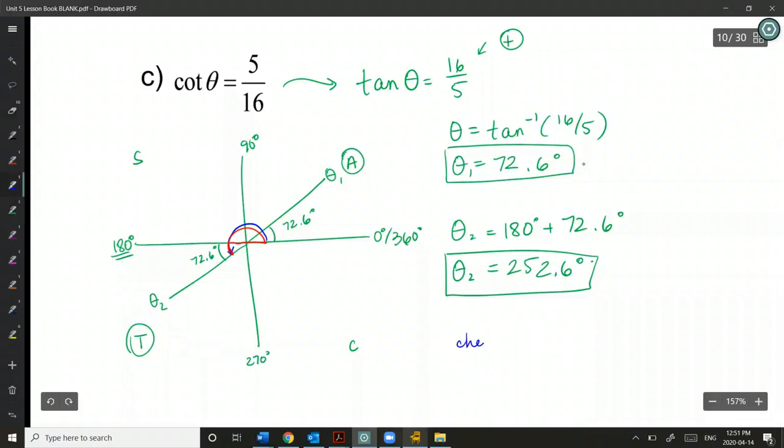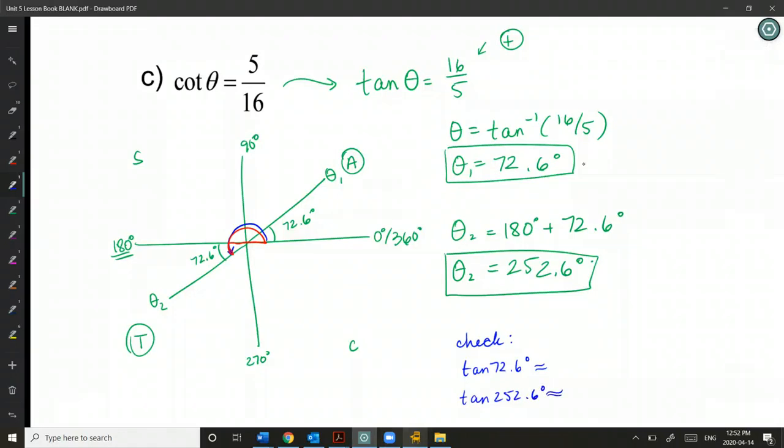Okay, we're going to do a little check here. Plug these into your calculator, tan of 72.6. If I calculate 16/5, I get 3.2. So I should get something relatively close to 3.2 when I sub these in for tangent in my calculator. Okay, so I'm going to do it right now along with you guys. I got 3.19.